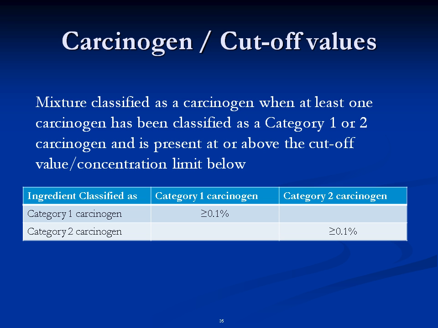If I have 0.1% or more of Category 2, then it's going to be classified in Category 2. And we'll have a similar approach with germ cell mutagenicity and reproductive toxicity as well. Just keep in mind that even if your product had 2 carcinogens in it and one is Category 1 and one is Category 2, we always apply the most severe hazard classification.